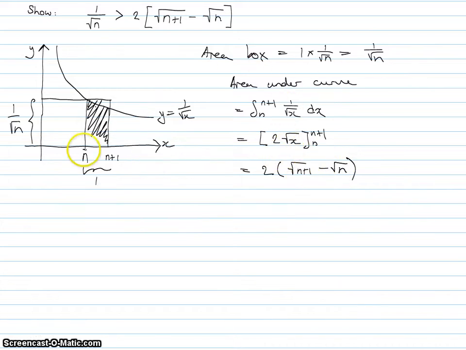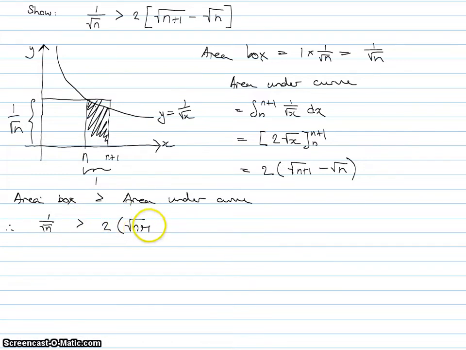And so again we can say quite clearly that the area of the box is bigger than the area under the curve this time. Therefore 1 over root n is going to be bigger than 2 times root n plus 1 minus root n.